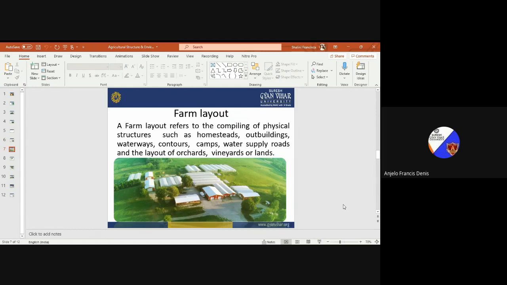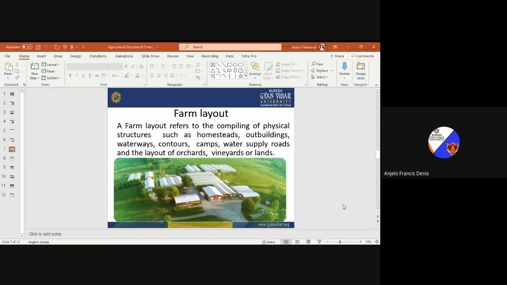So next comes the farm layout. A farm layout refers to the compiling of physical structures such as homesteads, outbuildings, waterways, contours, camps, water supply roads, and layout of orchards, vineyards, or lands. Whenever we are at the planning stage, we go for site selection, where we consider several parameters, then we go for farm layout once our site is selected.